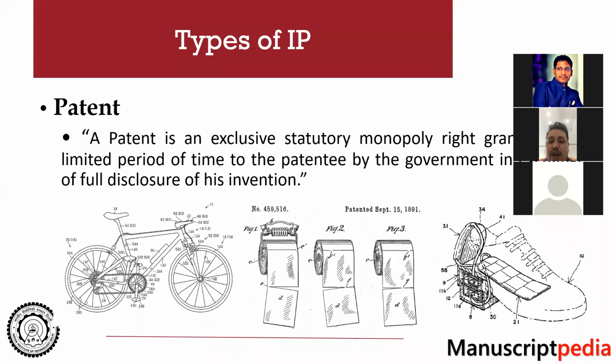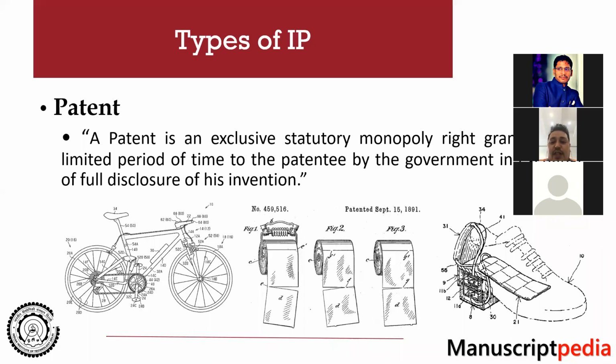Similarly, if we go back, it is not necessary that a patent has to be something really difficult. It is important to do something novel. This tissue paper, which comes in two pieces, was already filed as a patent long ago in the United States.